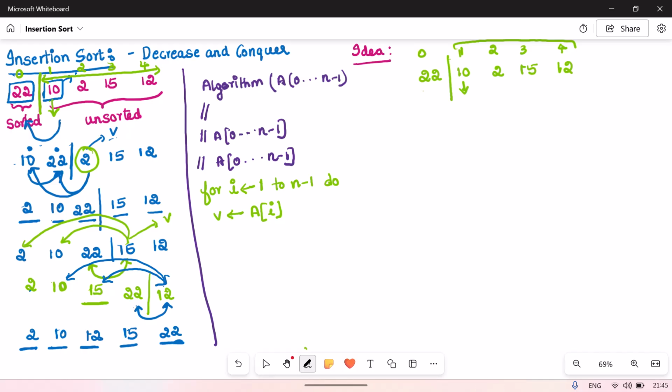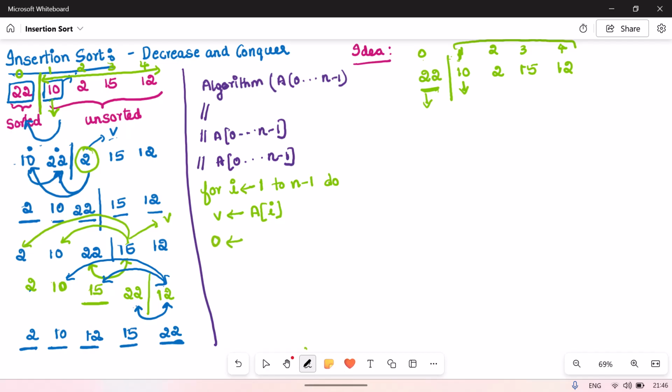Then we want to compare it with this element. So how do I relate? I have I, no? With the help of I, how can I get this position? If this is 1, what do you think this should be? This is 0, correct? But I is storing the value 1, so we'll find that value with respect to I. I want to get 0.